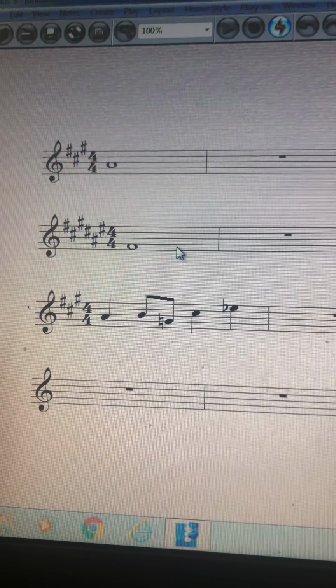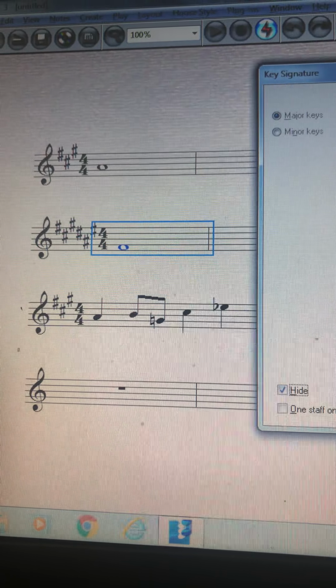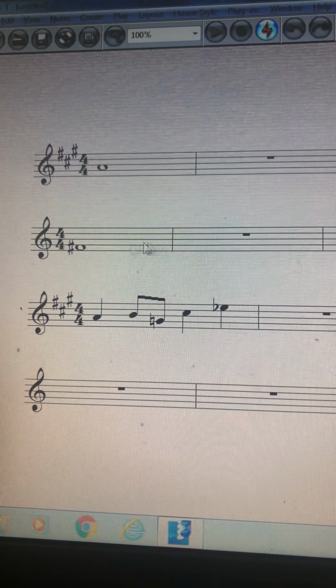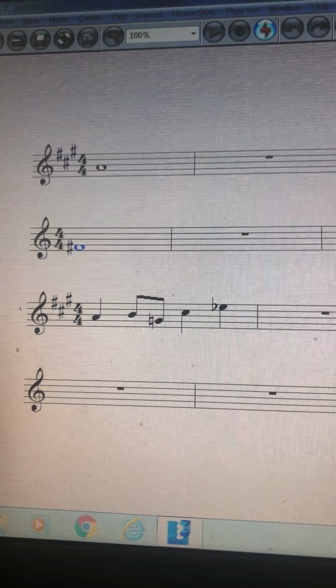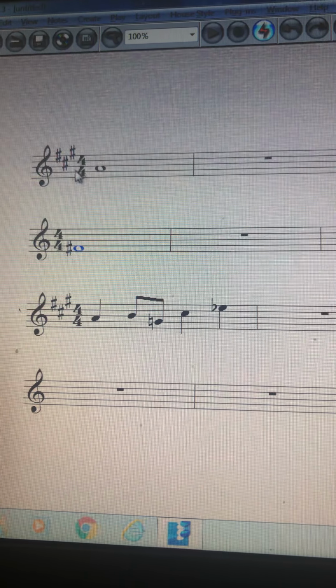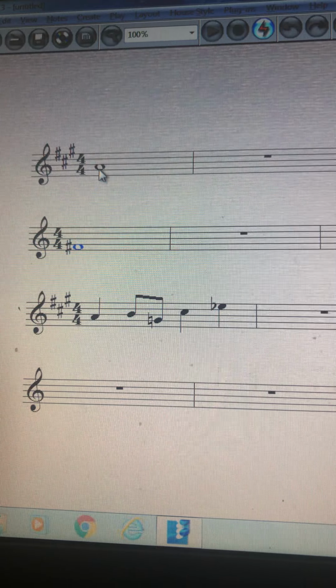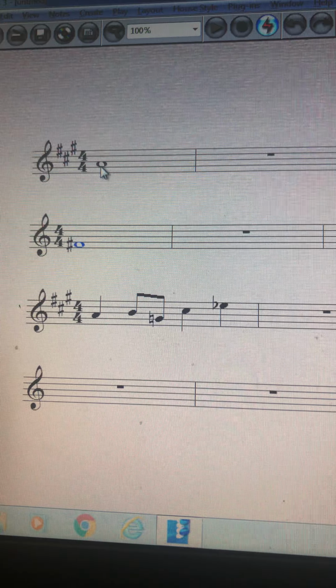Let's get rid of that again, and let's go back to C major. And you are now also doing where you have to go a fifth higher. Let's go back here. We're in A major. Our key is A major. My tonic is A. And they've asked you now to write everything up a perfect fifth.